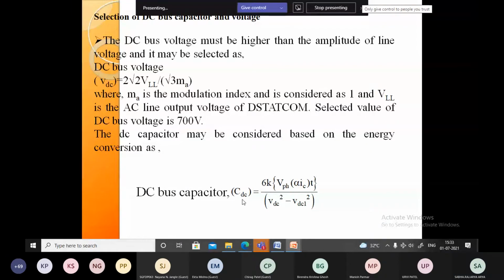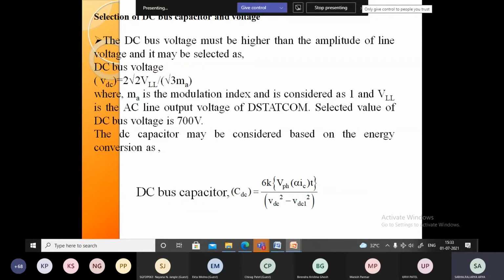But you can design it based on 1/2 C V square equal to 3 V phase I into T into the overloading factor, into the value of power which is going to fluctuate during dynamic conditions.